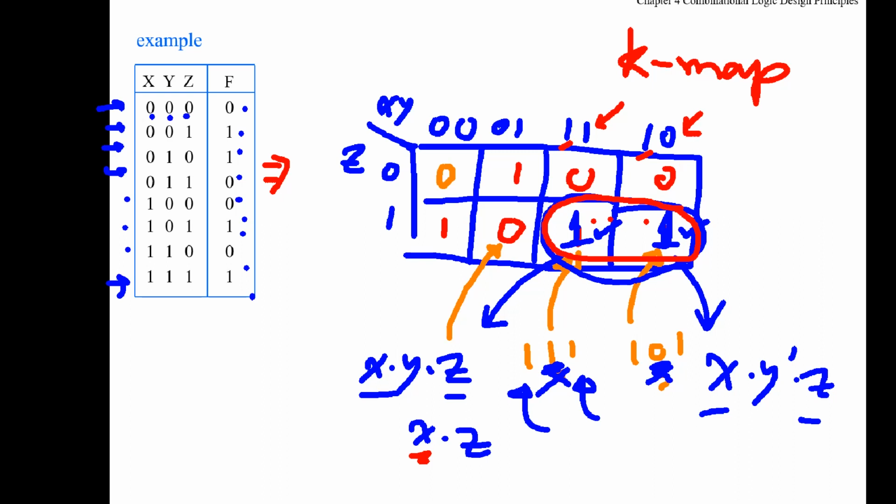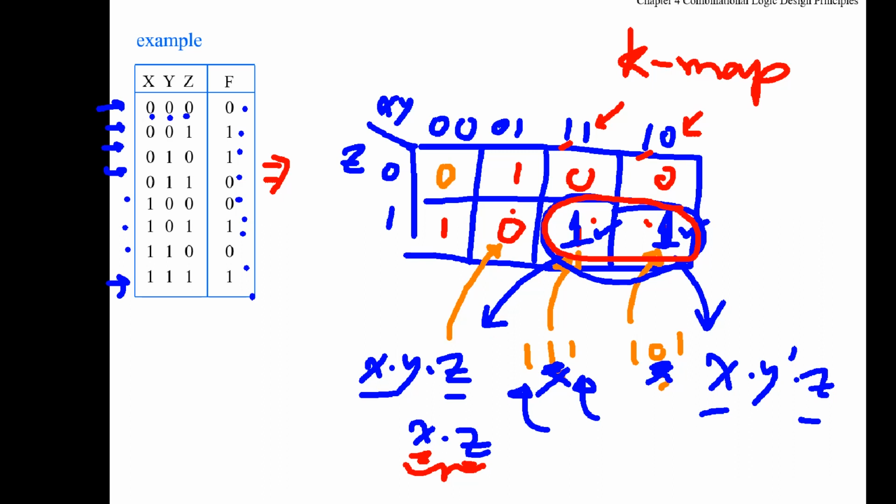That means it does not depend on the value of y, so there is no y in the product term. This cell z is 1, this cell z is 1, so it is based on z being 1. That means you can write the product term of these two cells together as x and z.